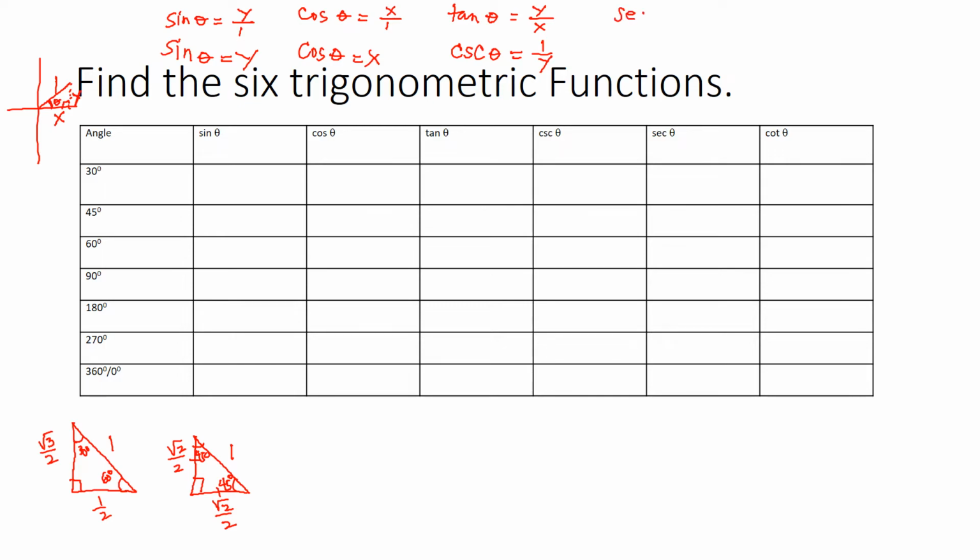Secant theta, this will be an inverse of the cosine theta. If cosine theta is x, then secant theta will be 1 over x. Cotangent theta is an inverse of the tangent, so which means that if tangent is y over x, cotangent is x over y.